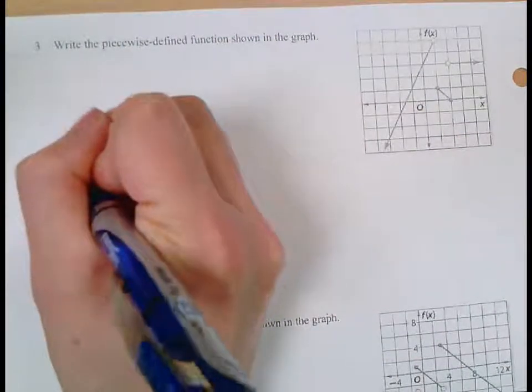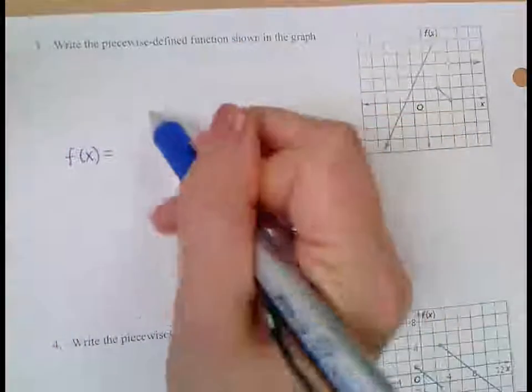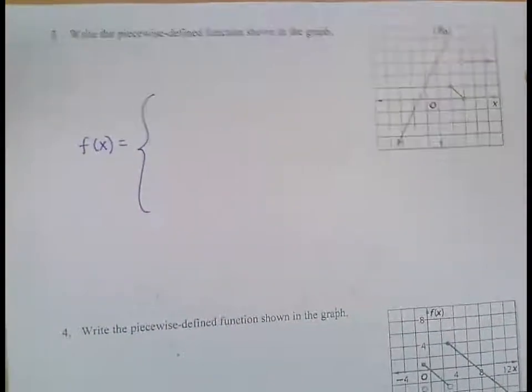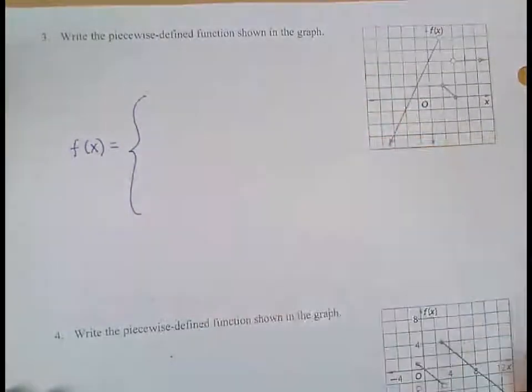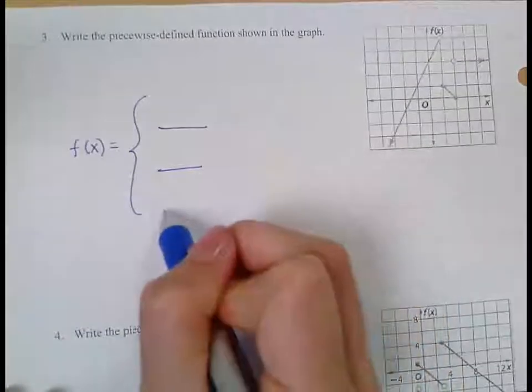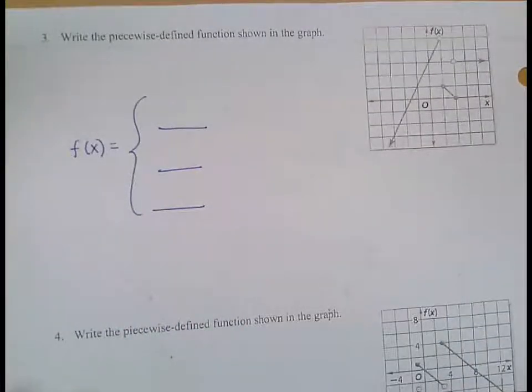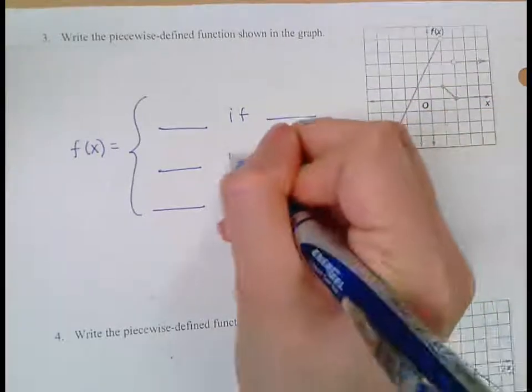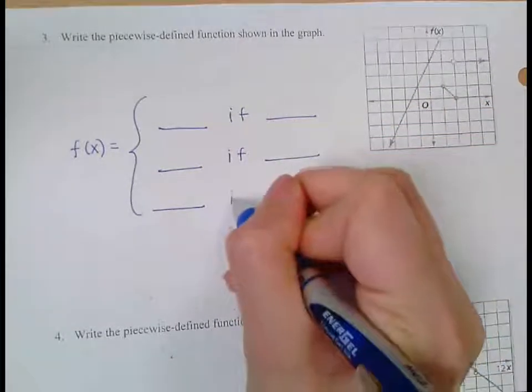So when I set this up, I'm going to say f of x equals, and then draw a brace as best as you can. And because I have 3 pieces, I'm going to have 3 expressions. So I just put blanks here, and then I'm going to fill in those blanks. So I have 3 expressions with 3 domains.